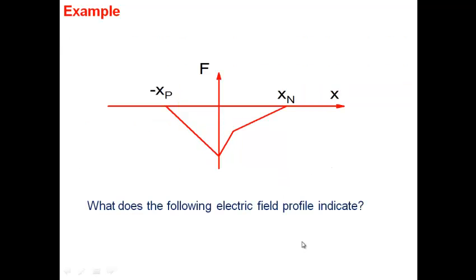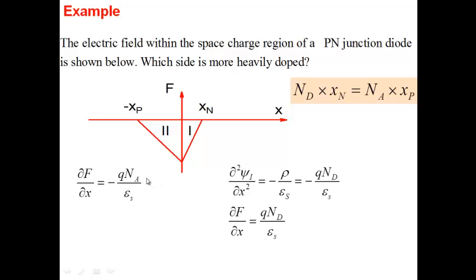So if that is true, what does this indicate? Different? Yeah, but what kind? What do you conclude from here? Is this region uniformly doped? Yes, uniform because it's linear, right? If you take the derivative, so again, keep this in mind. Del f by del x at any point indicates q by es times Na here, right?